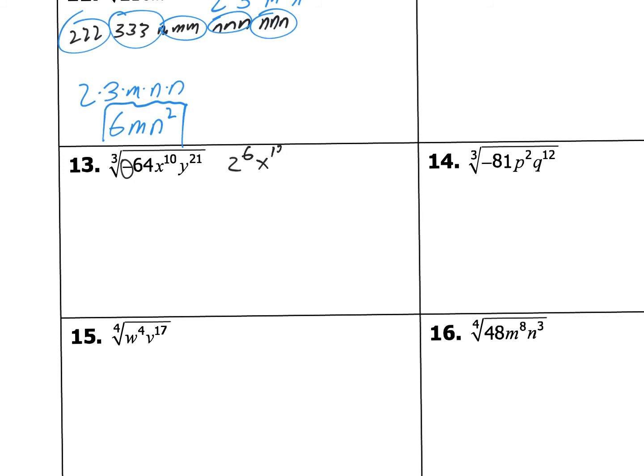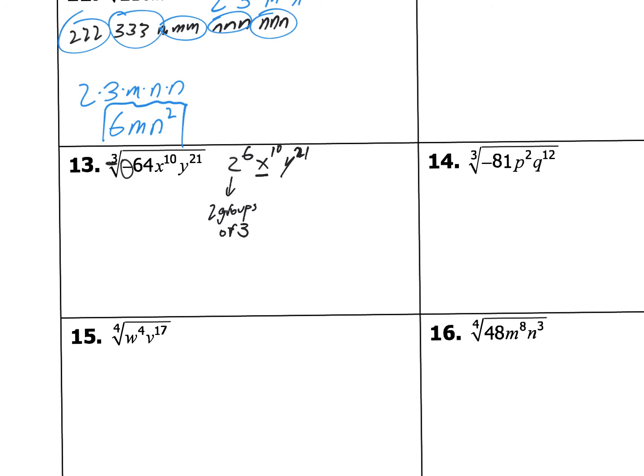X is to the 10th power still, y is to the 21st. Now, I really don't want to write out 21 y's. That's going to be a pain. But what I can do is say, I know that 6 2's in groups of 3 is 2 groups of 3.